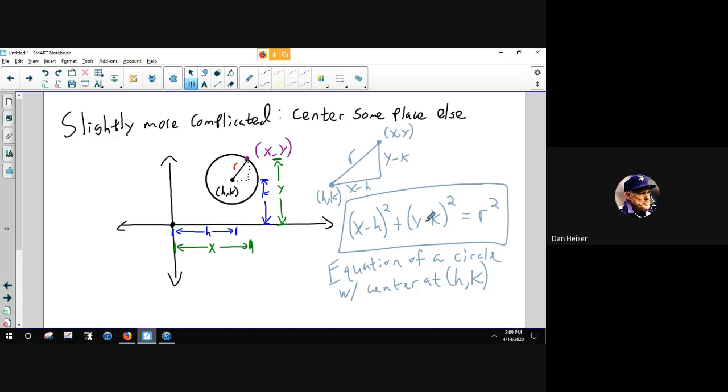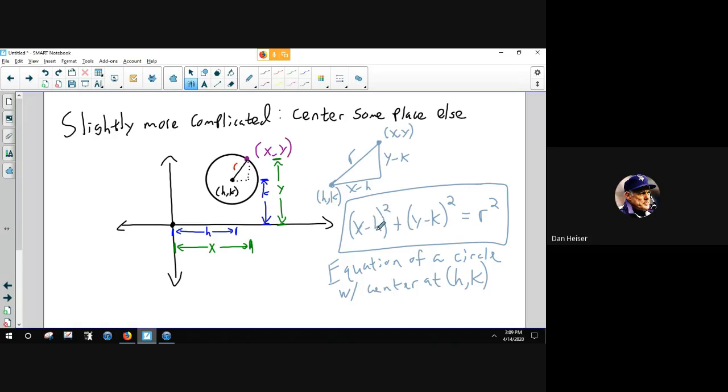And when we subtract a negative number, we end up with a plus. So if you ever see a plus inside one of these parentheses, that means that value is really a negative. Because addition is really subtracting a negative. Okay? That is the equation of our circle.